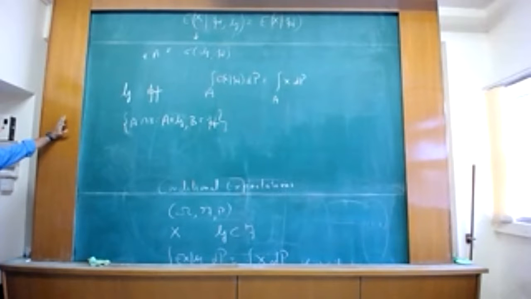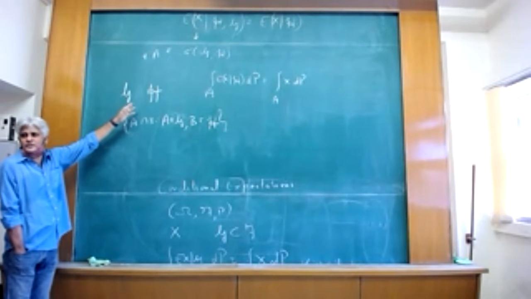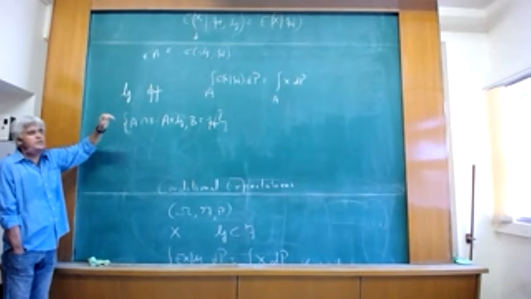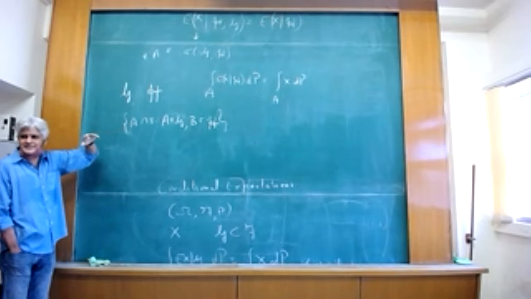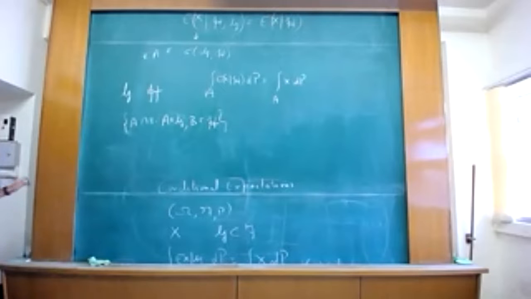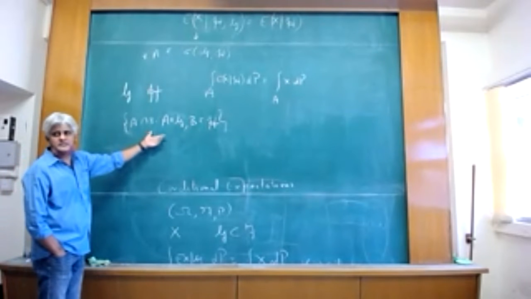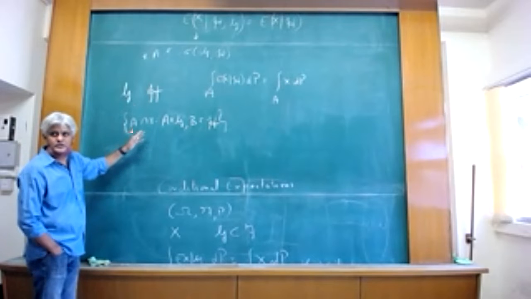And the sigma algebra containing these sets is the sigma algebra containing both G and H, that is, the sigma algebra which contains the union of G and H. That's not the intersection. This is not equal to G intersection H.